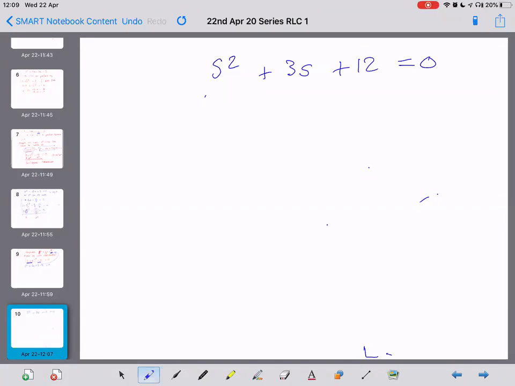The first thing we know we can do is write this perfect square bit as s plus this number divided by 2.